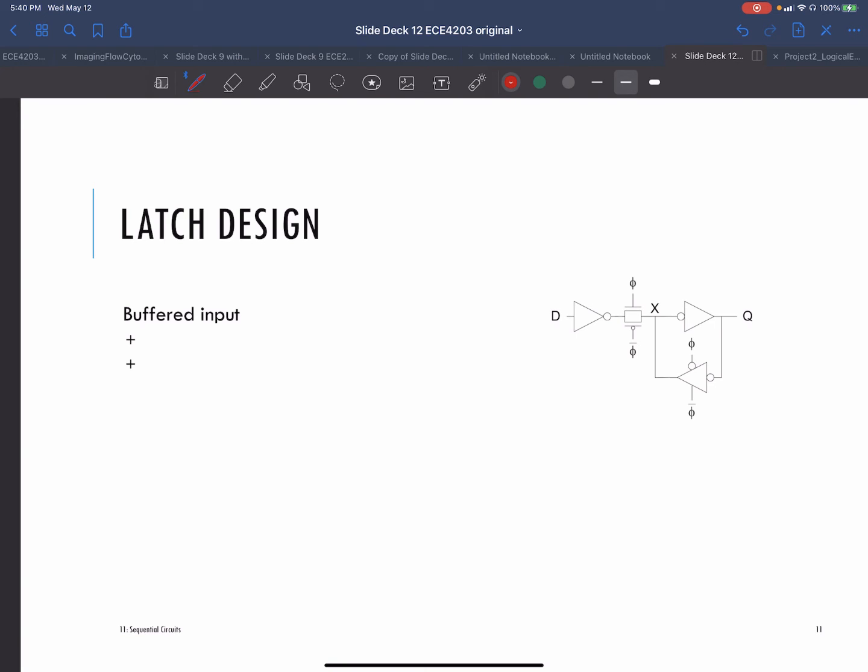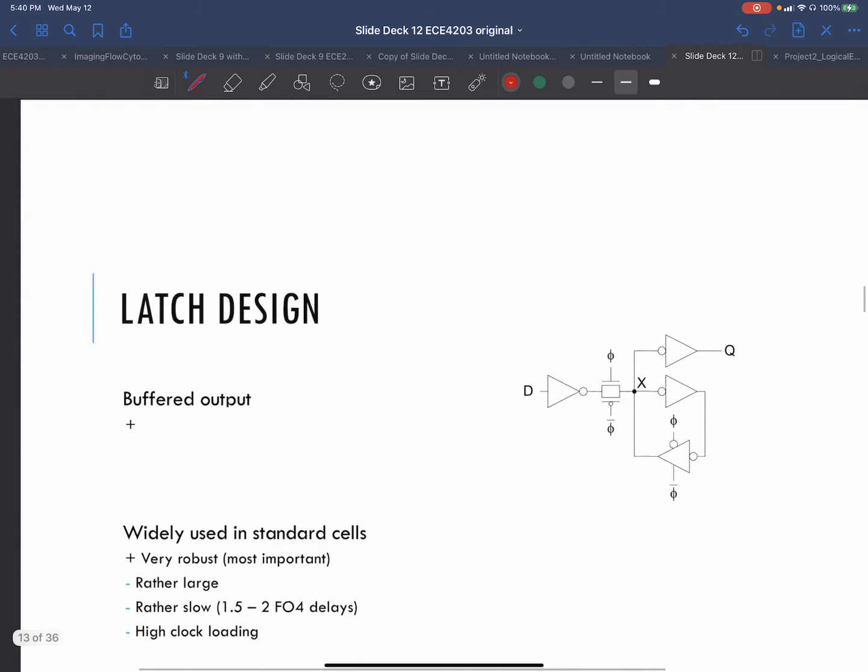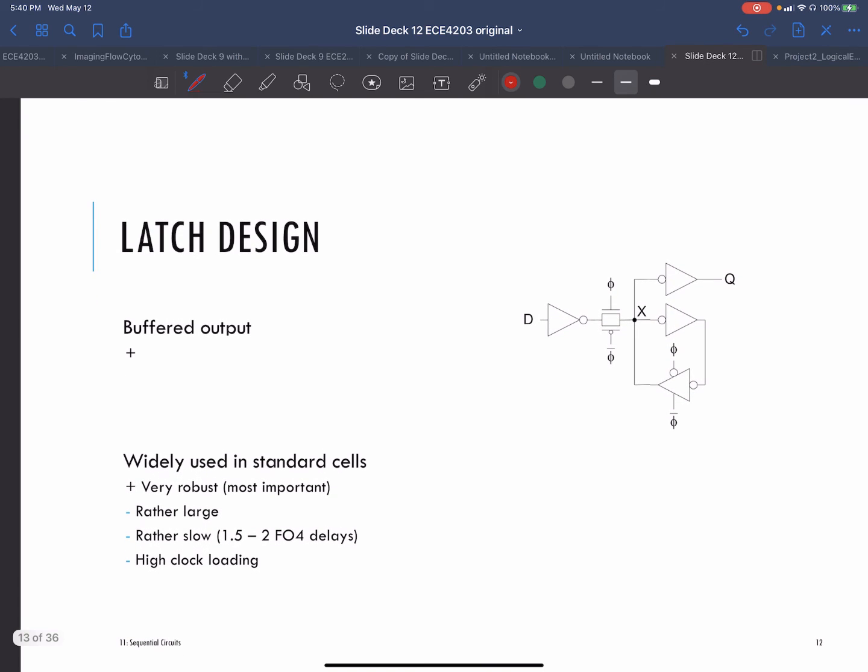So the main thing is you have this positive feedback stage. Now you can add an inverter to drive the input easily and have a non-inverting output, so non-inverting, not driving diffusion. And essentially, all the latches you see now are very much like this.